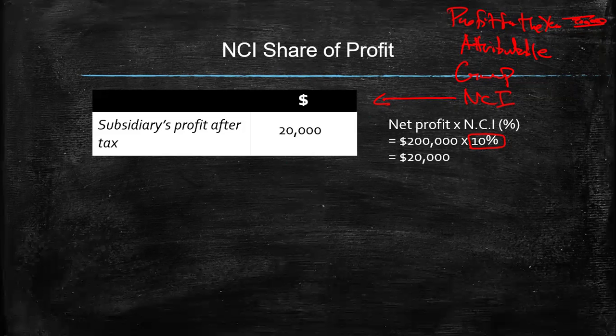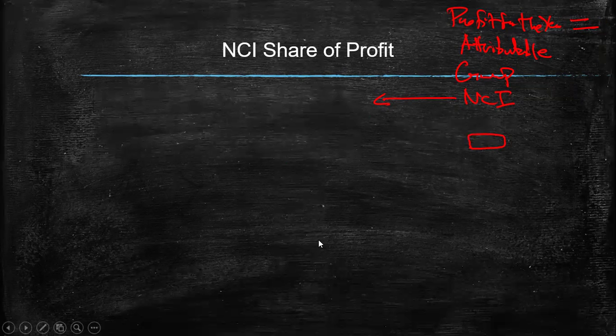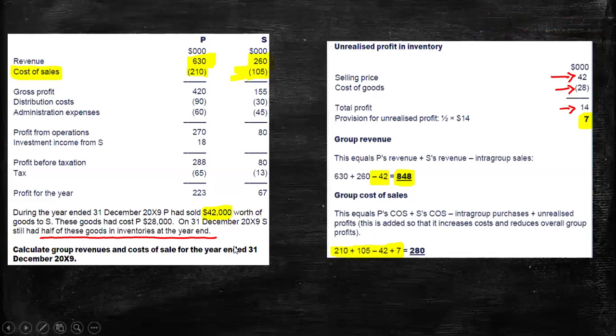That will probably be higher because, as you may remember, we have to take the subsidiary's individual profit, right? So in this case, for example, we will take the subsidiary's individual profit amount of 67,000 and we will apply the NCI percentage to only the subsidiary's profit. Parent's profit is not supposed to be divided between parent and NCI.